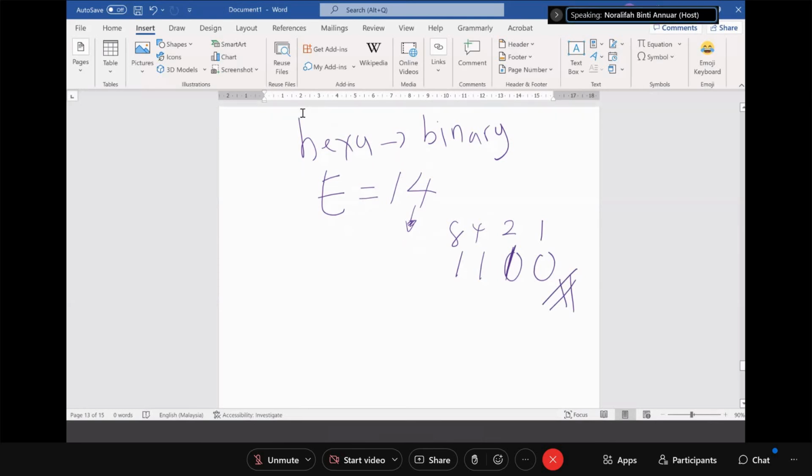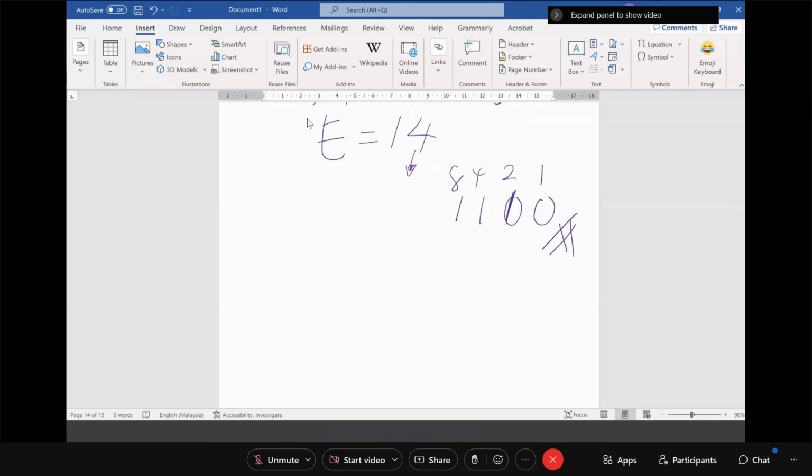Ini single digit. Katakan 1C to represent it in binary. Berapa jawapan lo? One, C. What is the value of C in decimal? 12 kan?